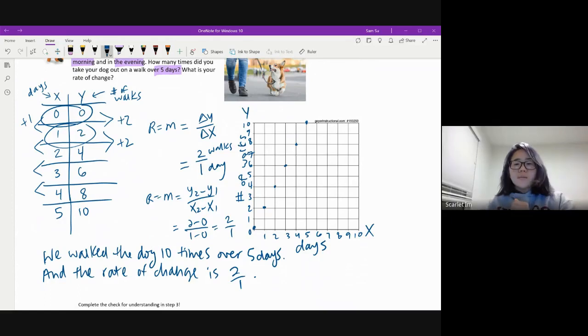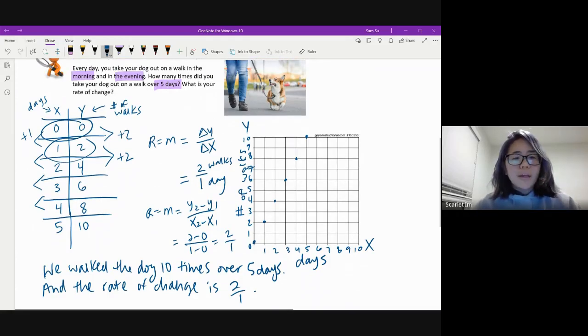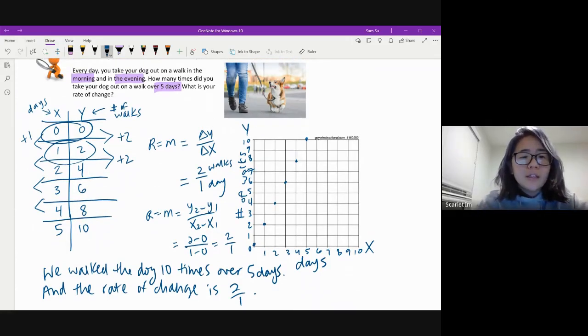That's going to be really important as we move forward. Just as a recap, if we're looking at a table, you can think about what the pattern is. We notice that the x's go up by 1, the y's go up by 2, and that's how we figured out that our rate of change is 2 over 1.